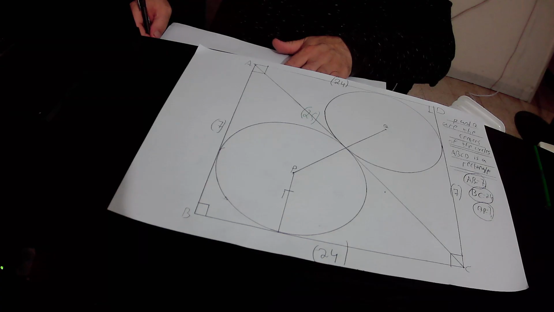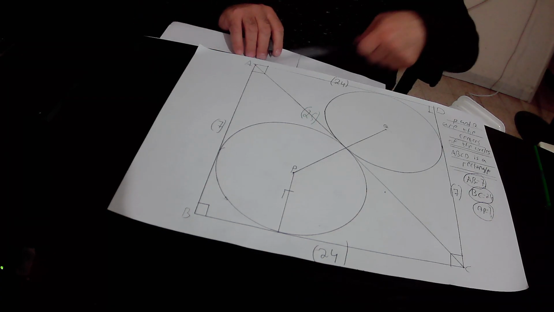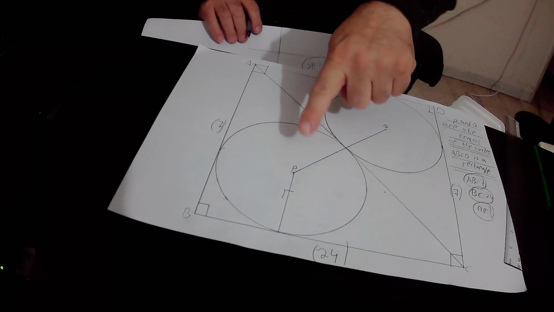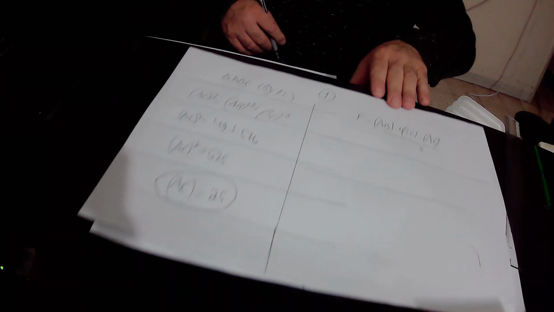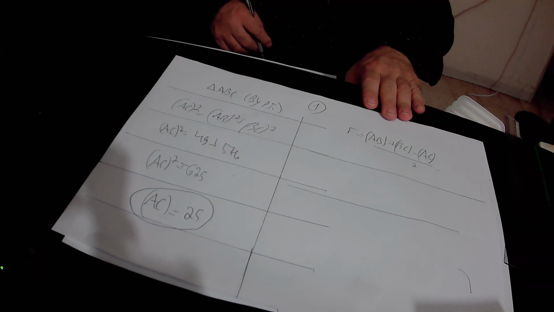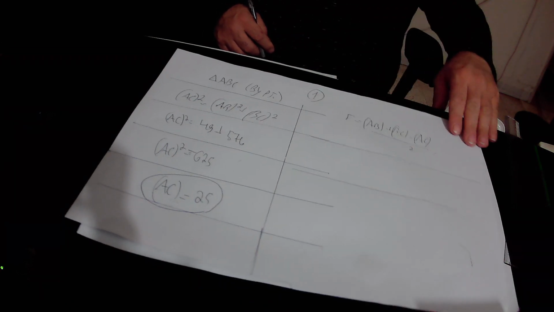Repeat again. The radius R, according to the new formula, must be equal to AB plus BC minus AC over 2.